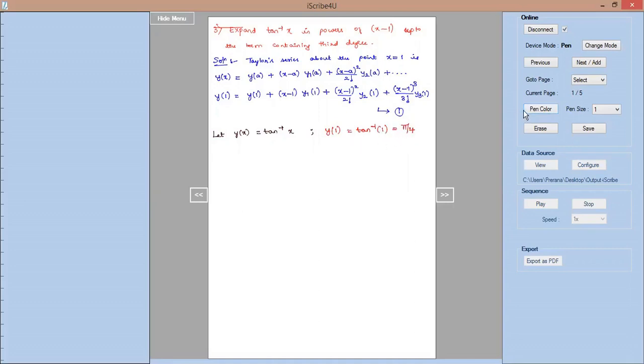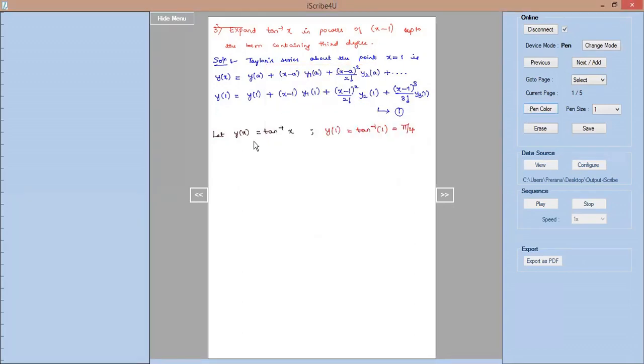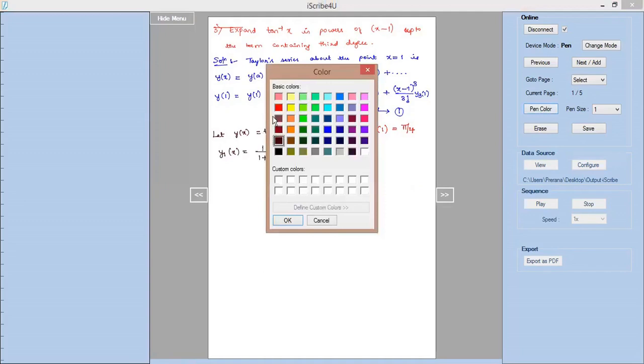So we will now continue finding the next derivative, that is y1 of x. Differentiate y of x with respect to x. So y1 of x is equal to differentiation of tan inverse x, which is 1 divided by 1 plus x square. And we have to find out at the given point now.